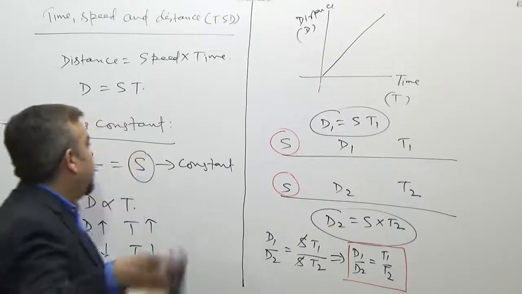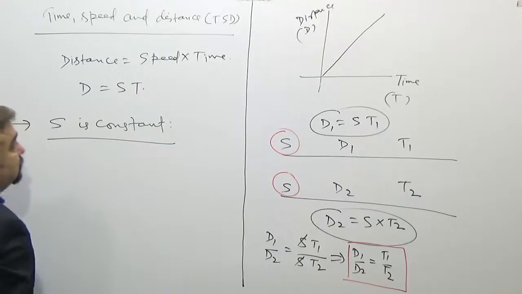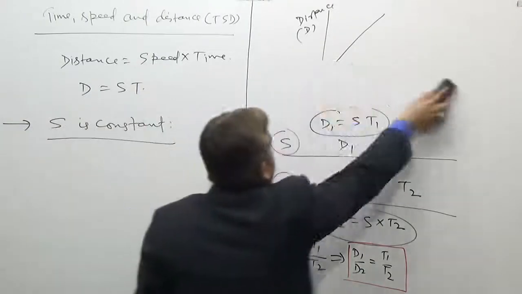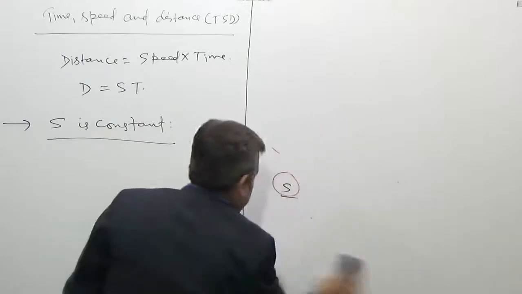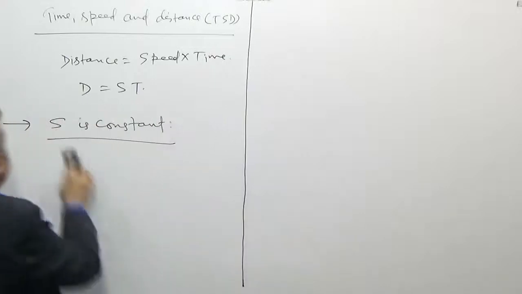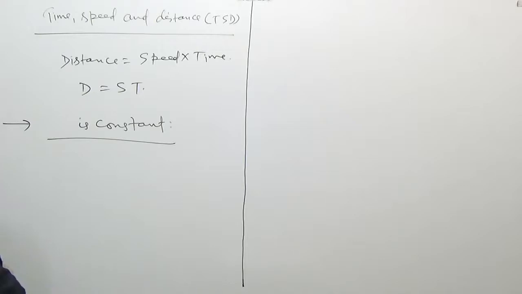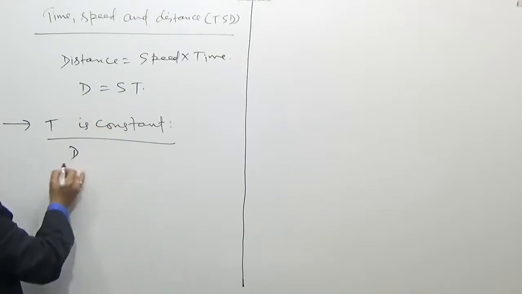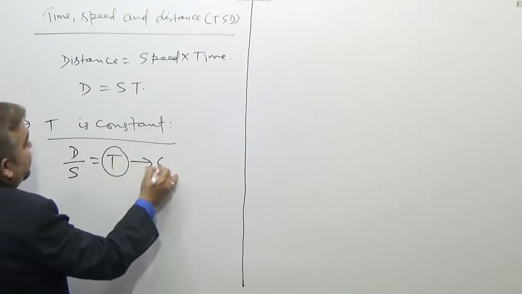You see, the second one is when time is constant. Now, when time is constant, it means the ratio of distance and speed, which is time, is constant.